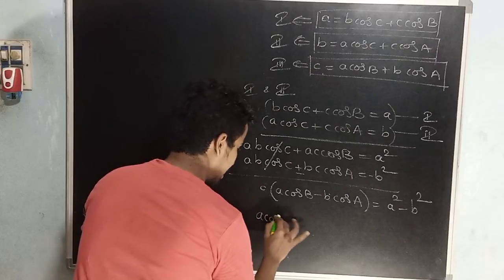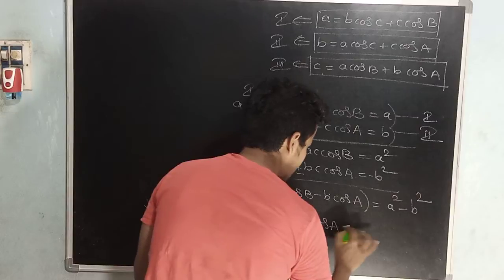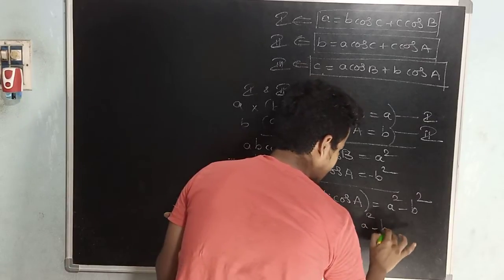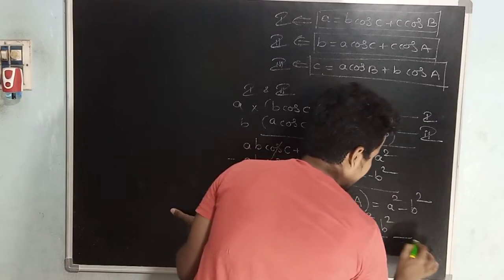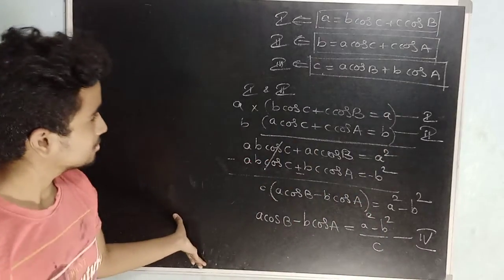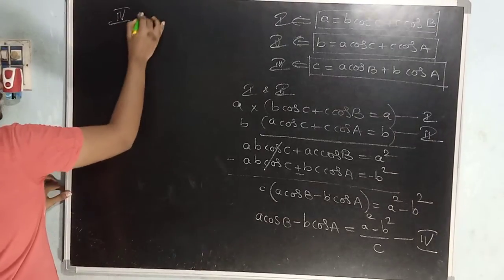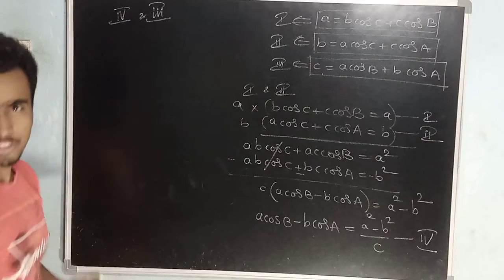So A cos B minus B cos A is equal to A square minus B square by C. Let me consider it as fourth equation. Now solving fourth equation and third equation.